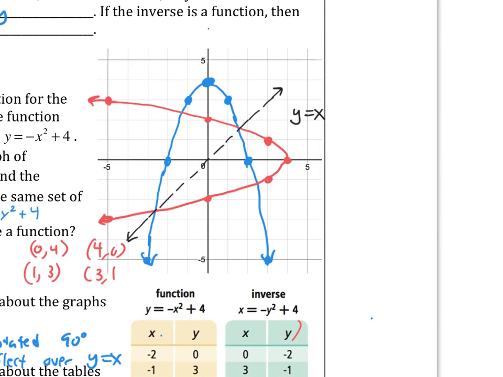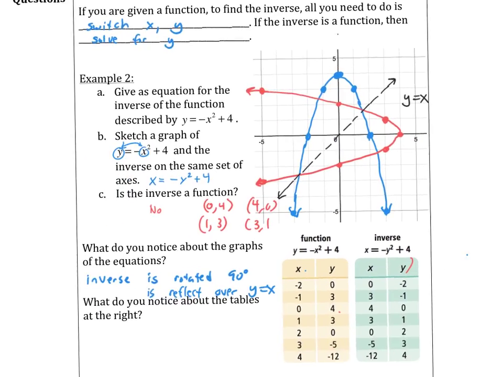So if you had this point right here, all you'd have to do is reflect it across there to make that other point. This point right here reflects across to there. This point here reflects across to there. So you could quickly draw that just by doing reflection or reversing the x and y in order to find the individual points. So this point here maps to this point here, etc.